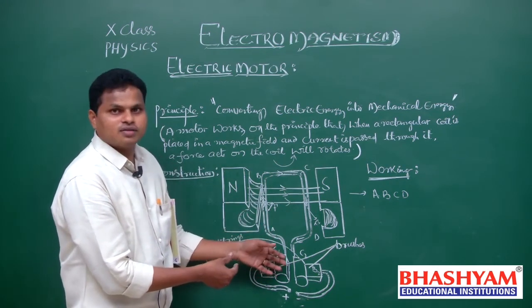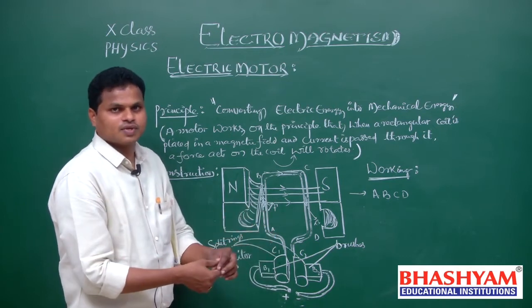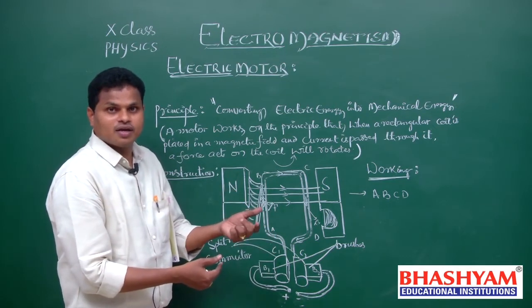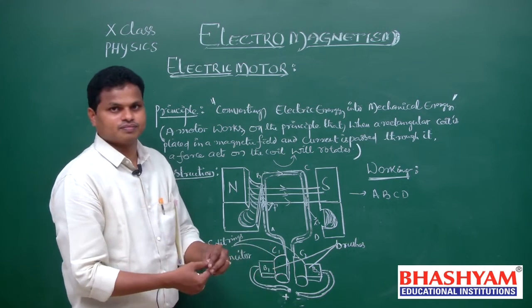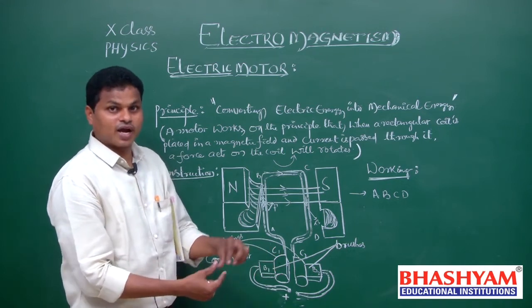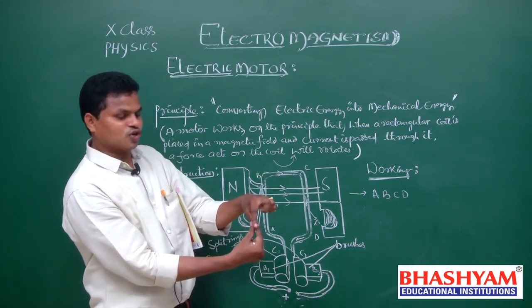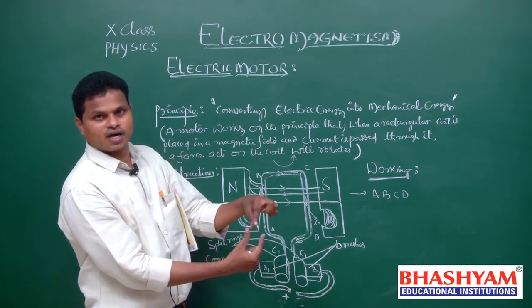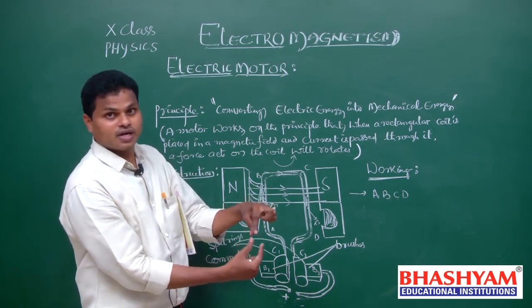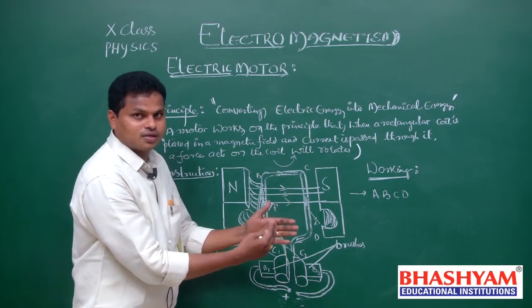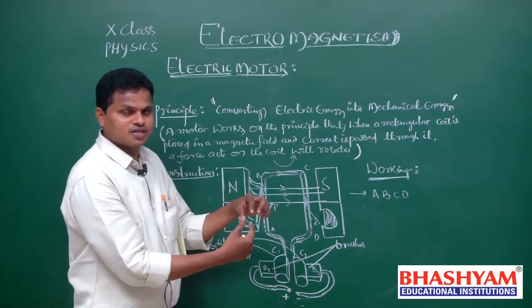There is no current passing through it. There is no current in the coil, so there is no force acting on it. In this case at 1/4 rotation there is no contact, no current, and no force acting on it. The coil comes to a halt, meaning it stops.